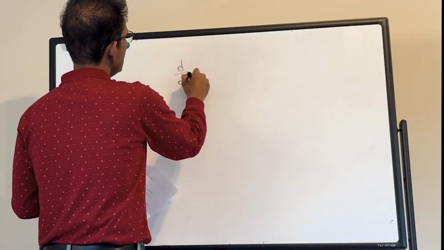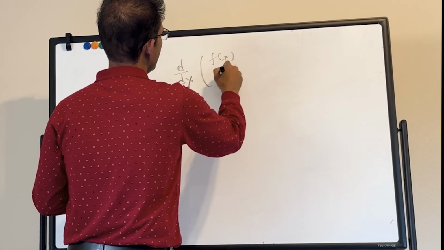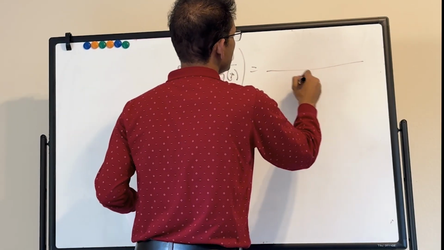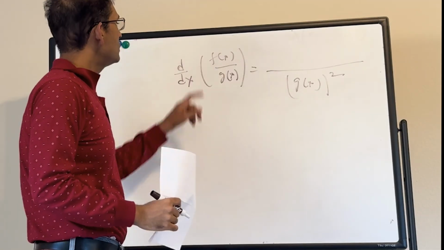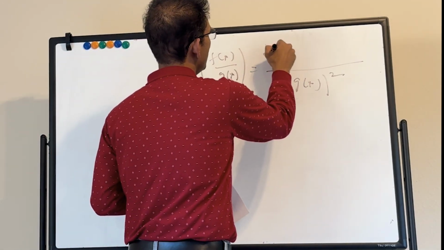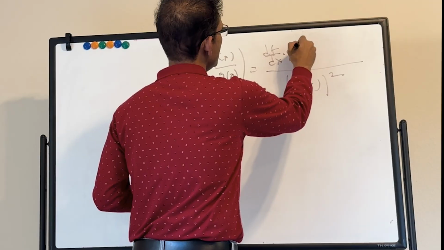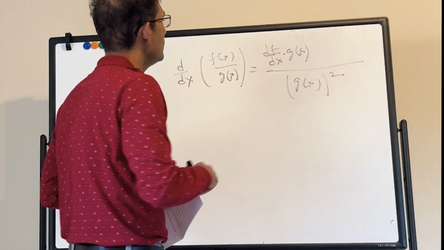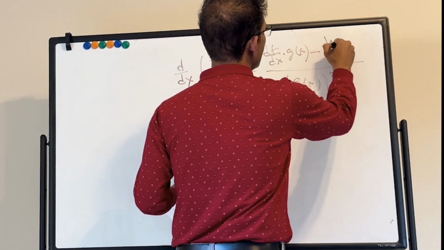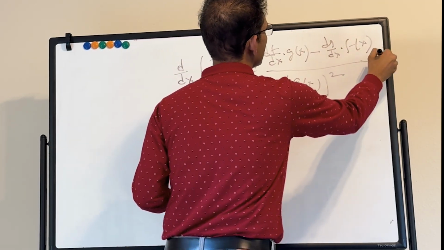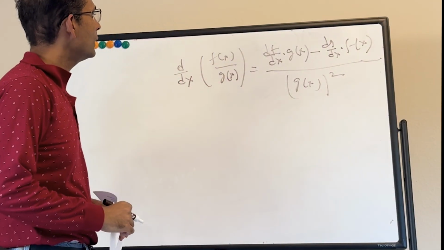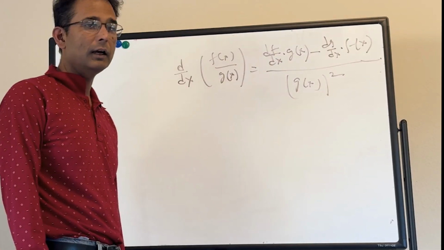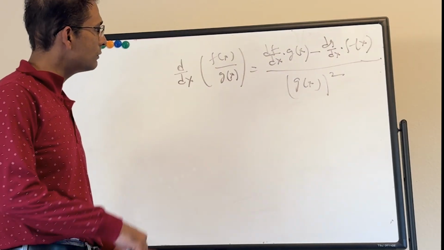It's like d dx of f of x divided by g of x is one over g of x squared, you square this thing, times the derivative of the first function, the function in the numerator, times g of x, you multiply that by the denominator, minus the derivative of the denominator times the numerator. So this is called the quotient rule of differentiation. The previous one was the product rule. This is the quotient rule.